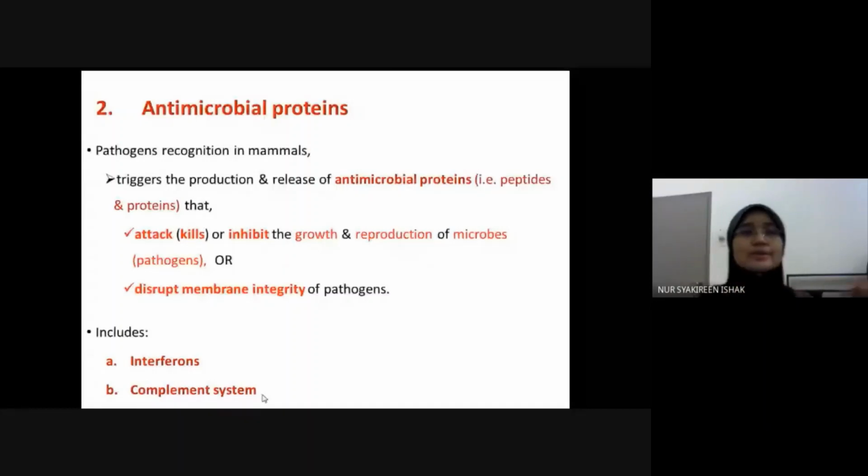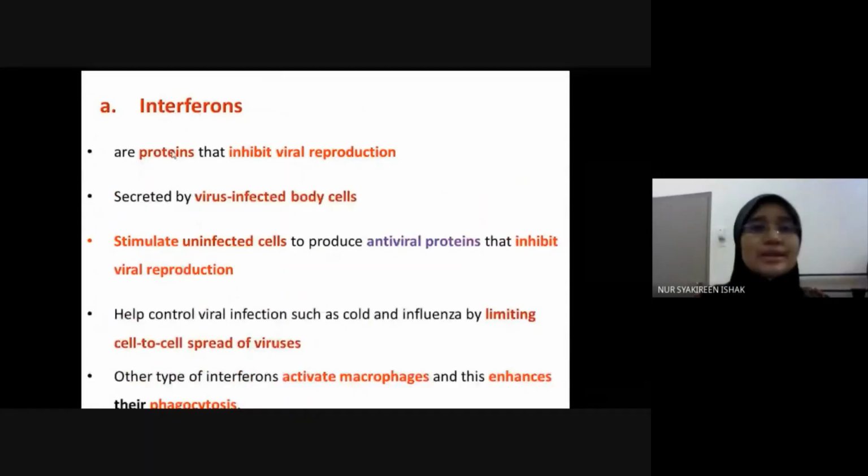So interferons are proteins that inhibit viral reproduction. Okay, so they are secreted by virus-infected body cells. So basically, your body cells that are infected by the virus or the pathogen will produce interferons. Okay, and the function of these interferons is that it will find healthy body cells and prevents that healthy body cells from being infected by that pathogen.